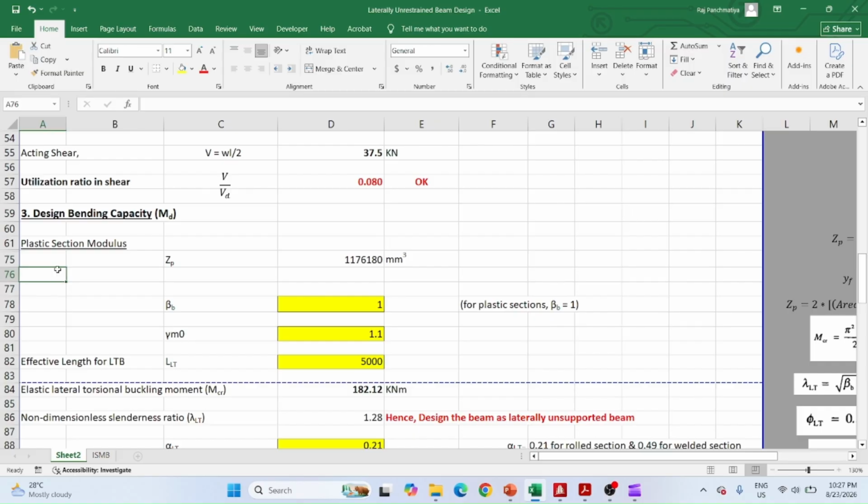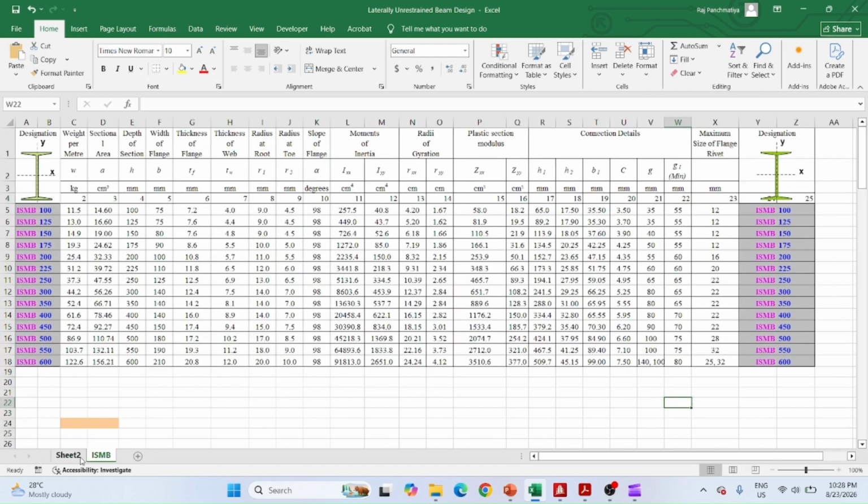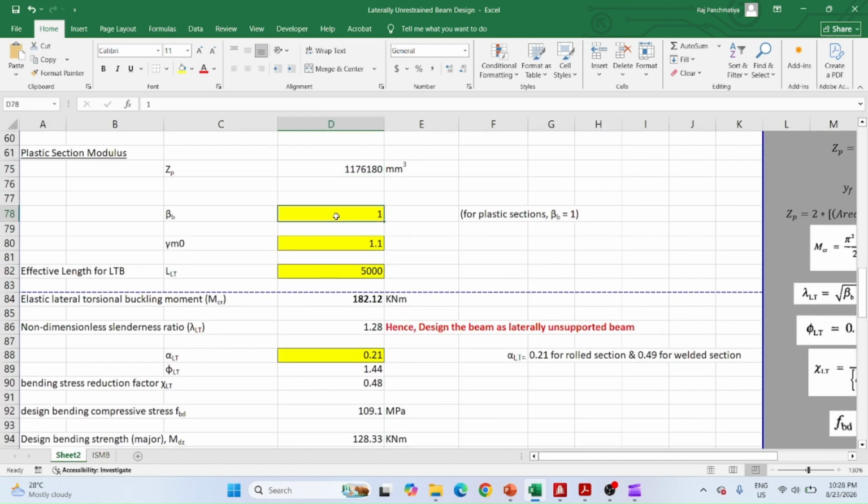Now let's calculate the design bending capacity. For that we need to first calculate the plastic section modulus. Again, I have taken the plastic section modulus value from this table. Beta b, for our case, since it is a plastic section, will be 1, and gamma m0 is 1.1.